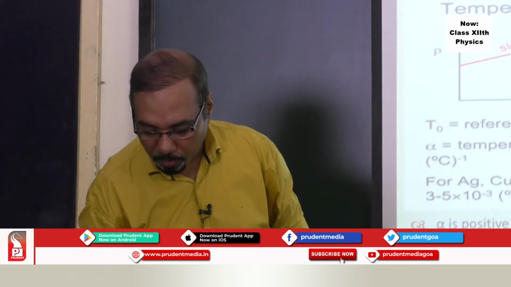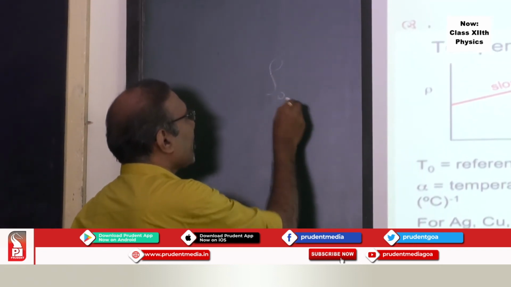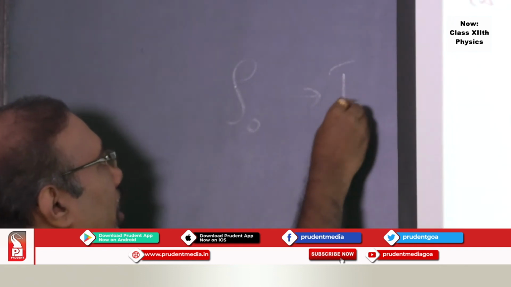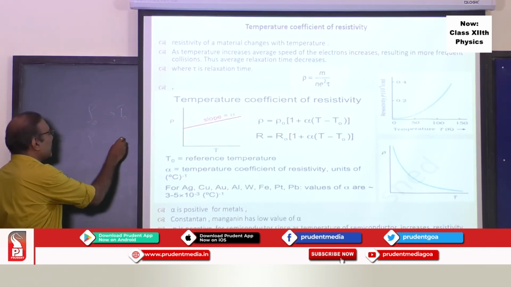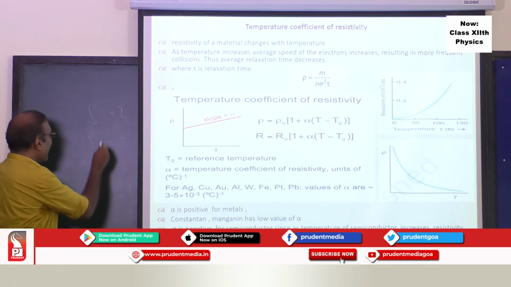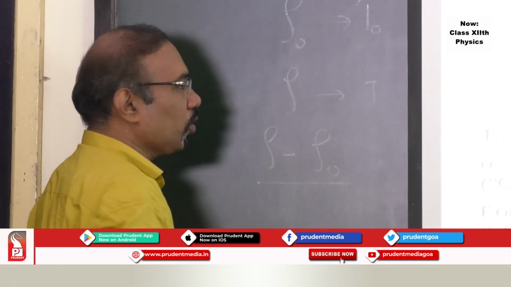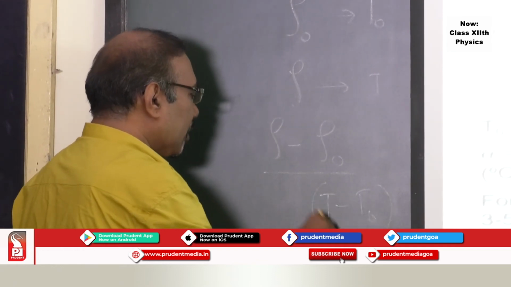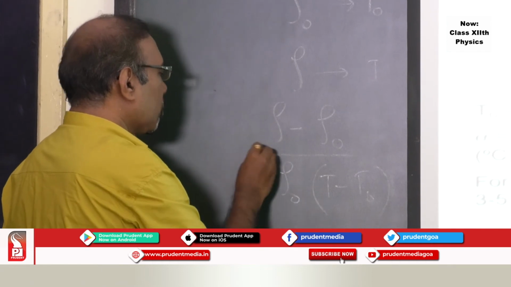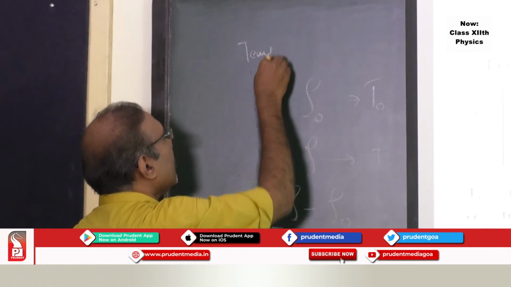So if we have resistivity rho 0 initially at temperature T0, and final resistivity rho at temperature T, the change in resistivity will be rho minus rho 0, and the change in temperature is T minus T0. This ratio is called the temperature coefficient of resistivity.